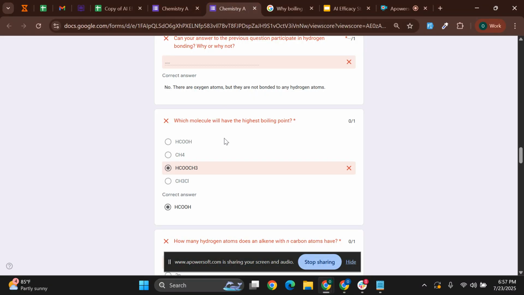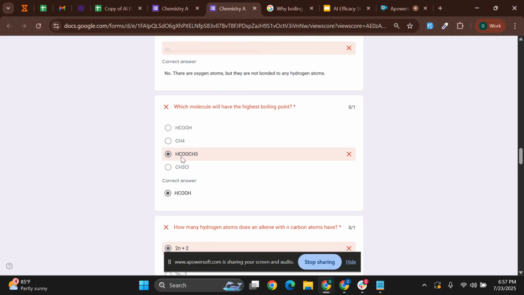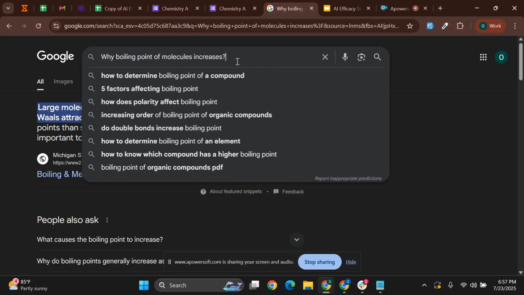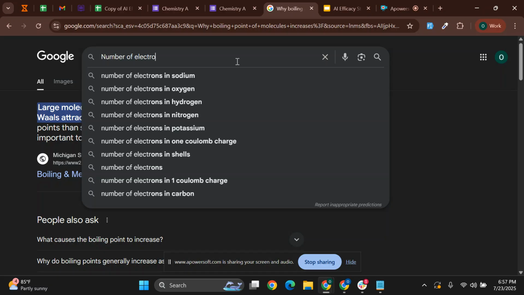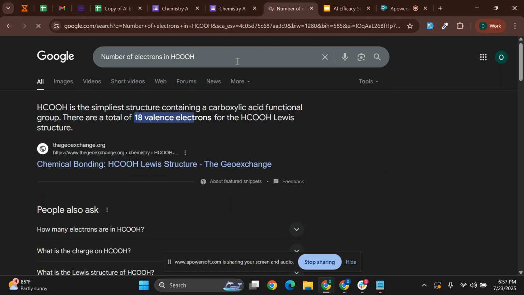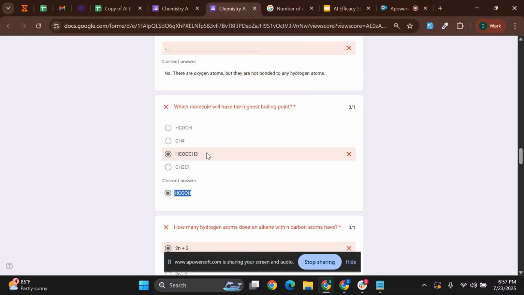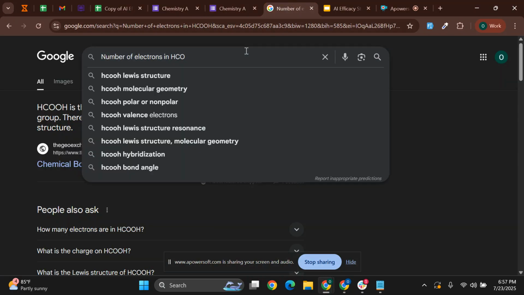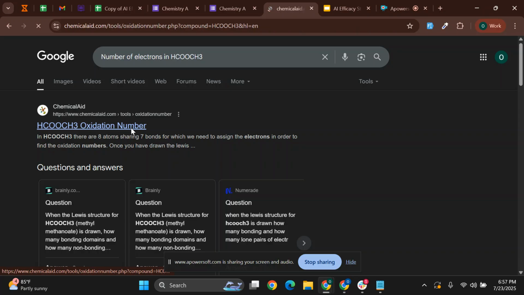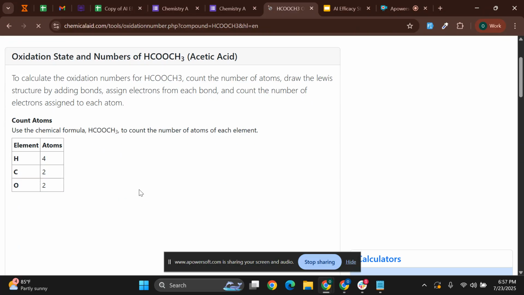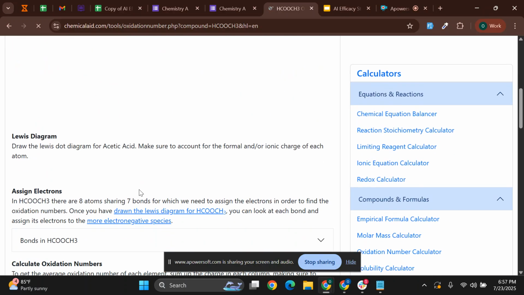So, number of electrons in this, 18 valence electrons, and this has 18 valence electrons.